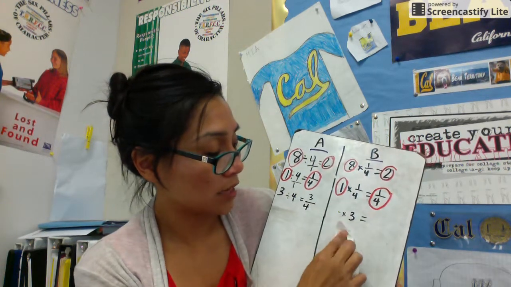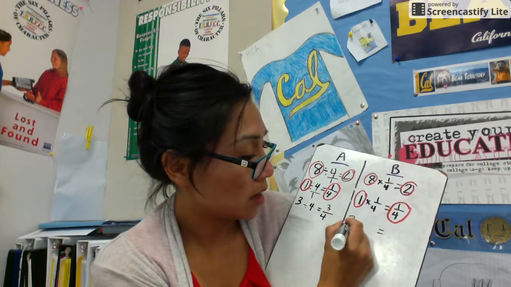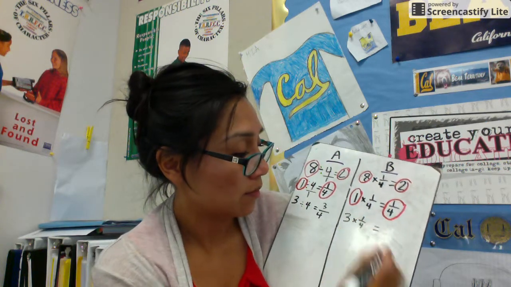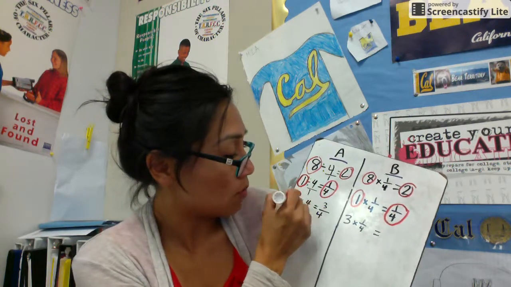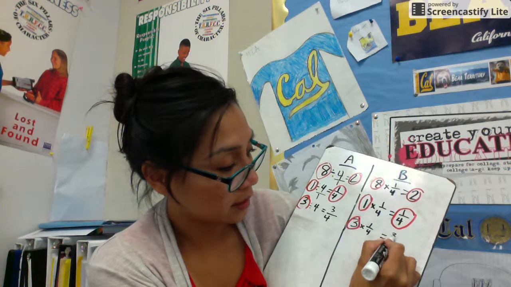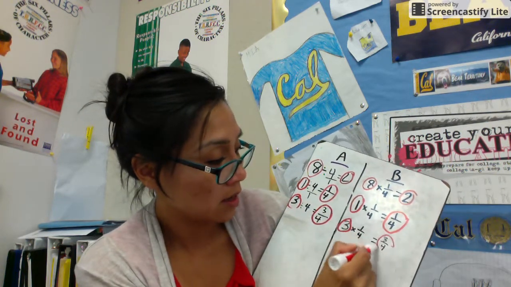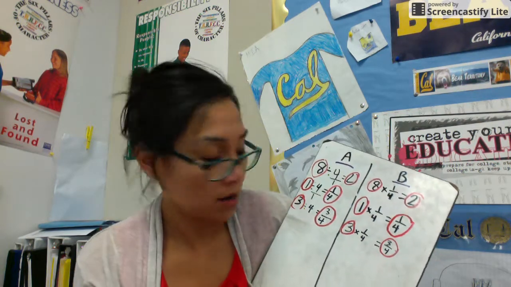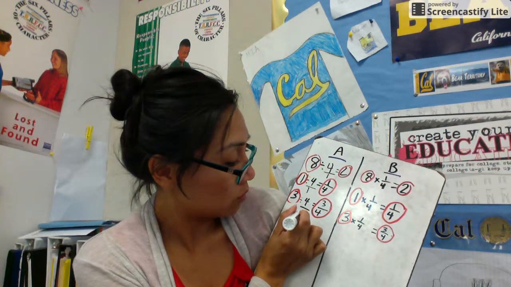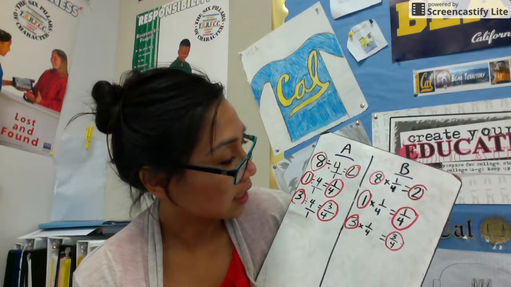Instead of saying 1/4 times 3, I would like to say 3 times 1/4. Okay, 3 times 1/4. And now I can see, oh, okay, so they both have the same first number. And I do know that this is 3/4. The answer is 3/4. So they both have the same answer. But again, it's that middle number. What if I turn this into a fraction? Would that help? I kind of am noticing a difference here.